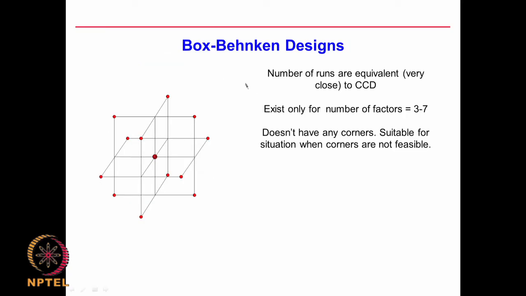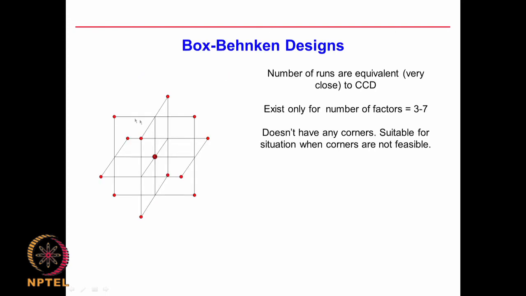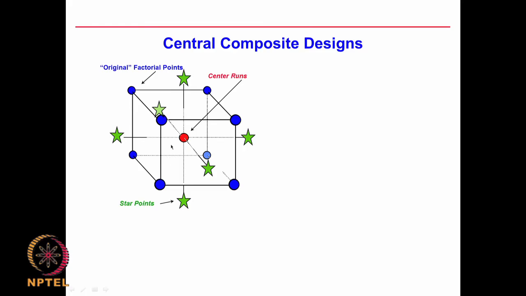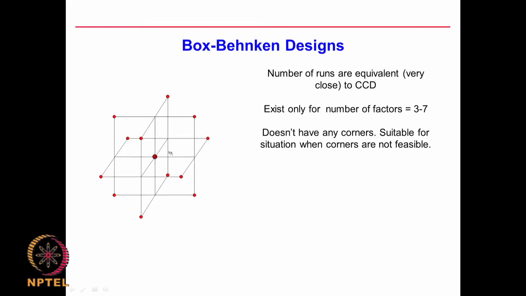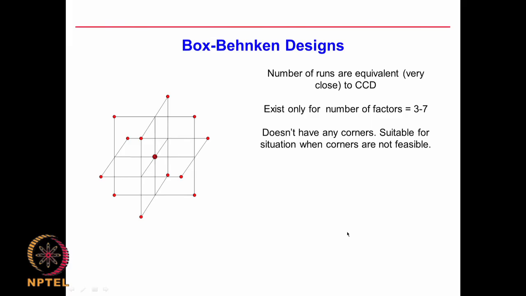The other one is the Box Behnken design. So, instead of doing at these corners, it does it at these center places of these edges, center of the edge, you know. So, this is what this picture is about actually. So, you do the same thing, you do at the center of this cube, but you also do experiments at the center of these edges rather than corners of the cube.